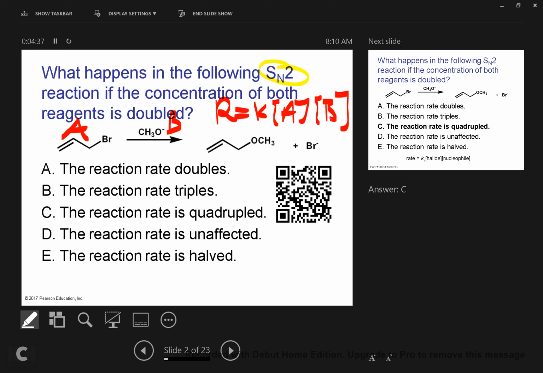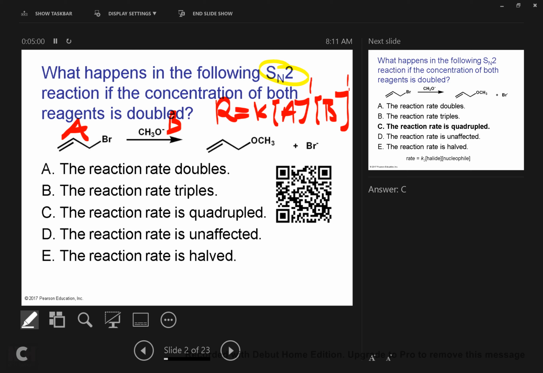What's the order of this reaction? This is a second order reaction. If you remember Gen Chem, this is a second order reaction. That's why it's called SN2. Bimolecular means it's a second order reaction. And so it depends on the concentration of A and the concentration of B.